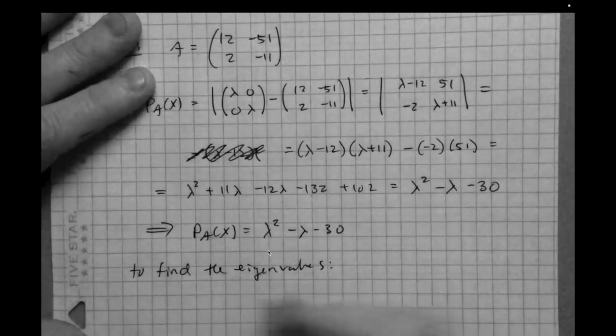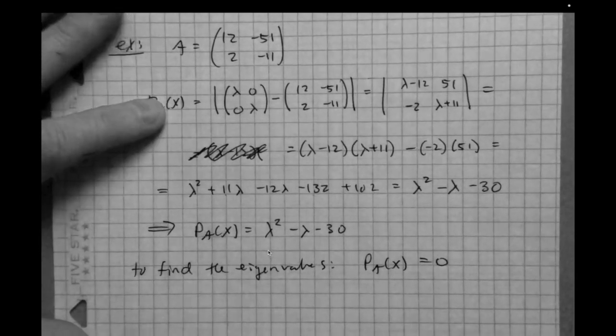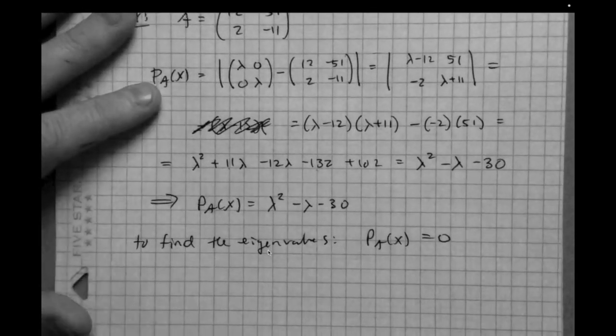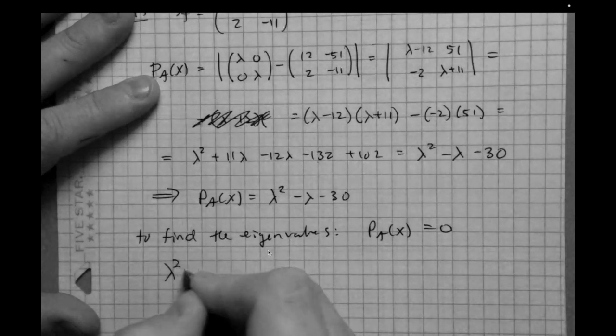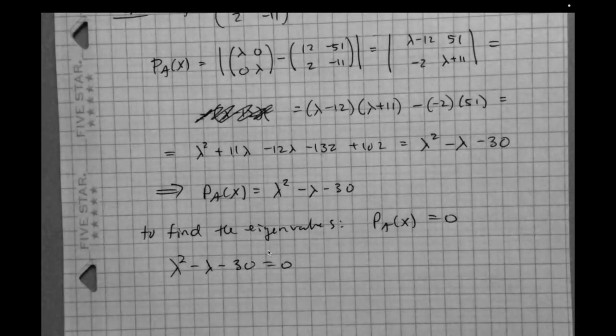To find the eigenvalues, I just need to solve this, setting it equal to 0 to find the real roots. So I've got lambda squared minus lambda minus 30 equals 0. Because this is a quadratic equation, you could use the quadratic formula if you like, but it turns out this one factors down nicely.